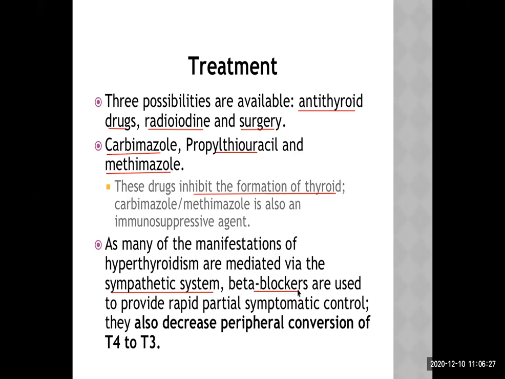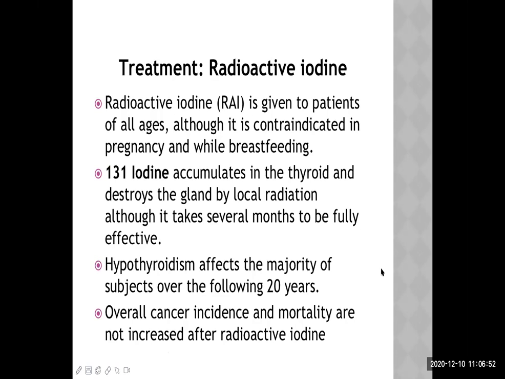We don't want to use only atenolol or metoprolol, those type of drugs, because I want to block the overall generalized sympathetic stimulation. So propranolol is very commonly used along with antithyroid drugs in this case. Propranolol also decreases the peripheral conversion of T4 to T3. So that is an additional function.